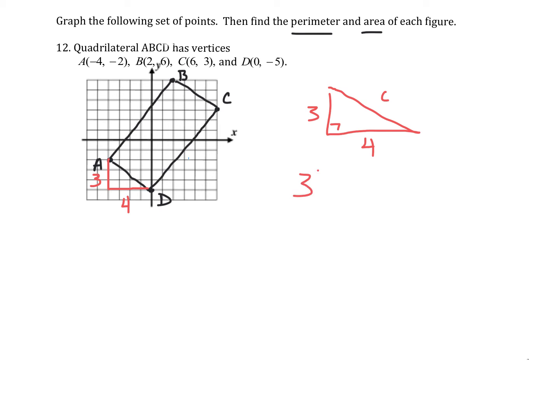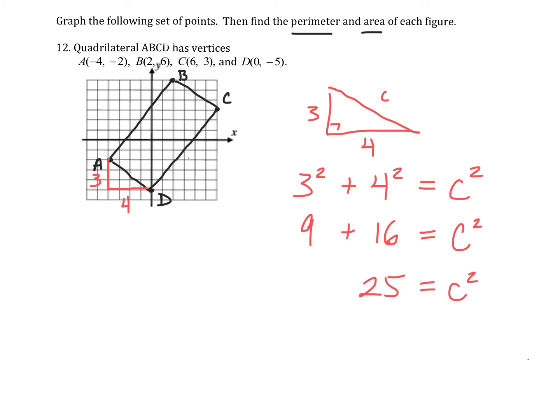Well, in this case, if I use the Pythagorean theorem, leg squared plus leg squared equals hypotenuse squared, I can solve for that. So I'm going to end up with 25 equals c squared, and it looks like c is equal to 5. So now I have my first length.